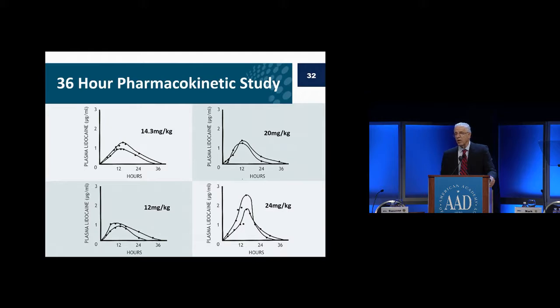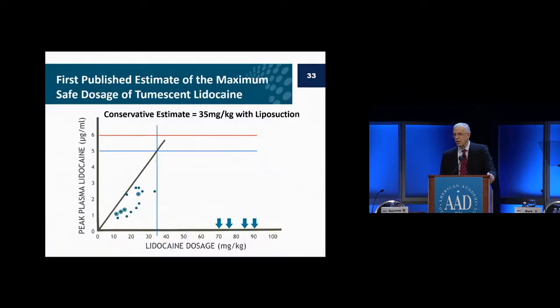And I started measuring lidocaine levels in my patients over 36 hours. And with this, we were able to determine that 12 hours was the most common time for a peak lidocaine level to occur. And I was able to correlate the peak serum lidocaine concentrations with the milligram per kilogram dosage, and then use linear regression to predict what a dosage would be that would be equivalent to about 5 micrograms per ml of lidocaine in the serum.